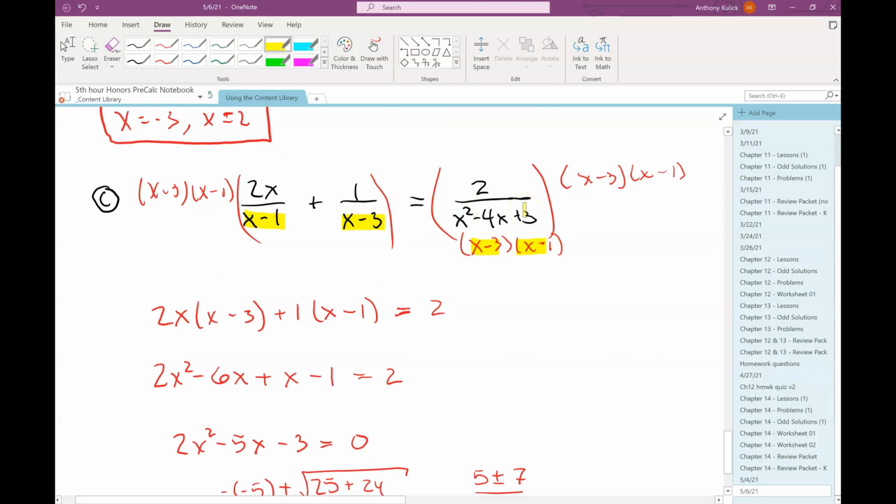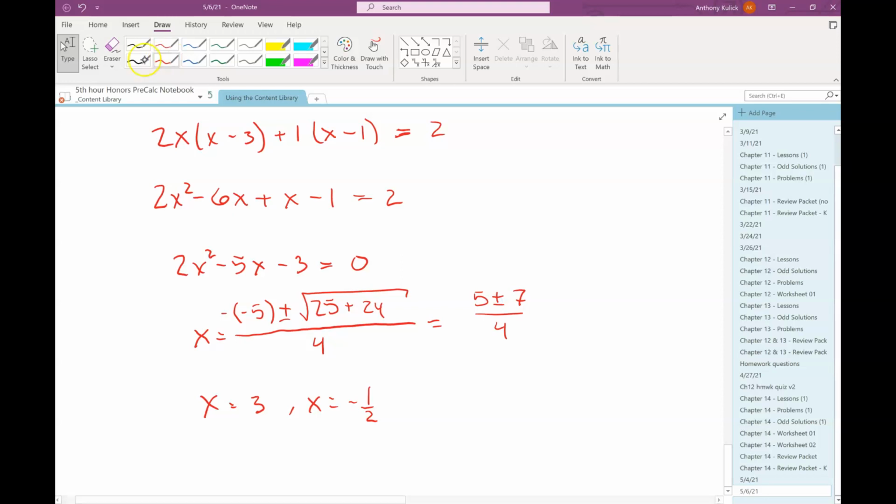And one of my answers gives me a problem here. If I plug 3 in for x, I get 0 in the denominator in multiple places. Everybody agree? So I'm going to discard that solution and only accept the negative 1/2. Happy there?